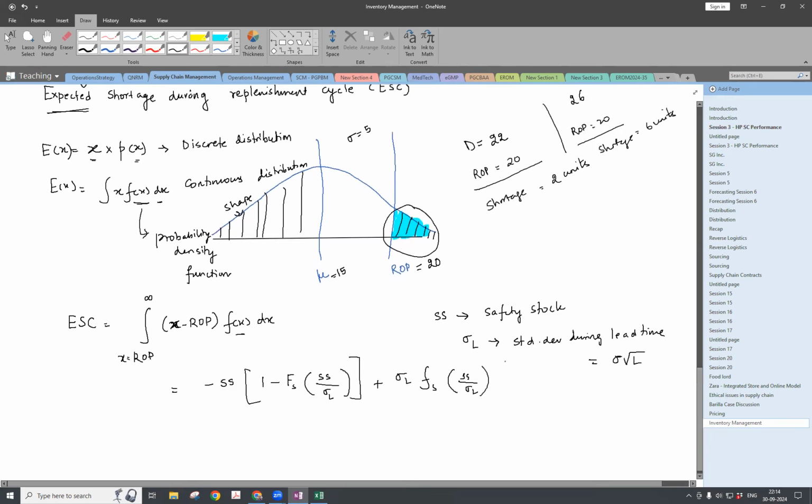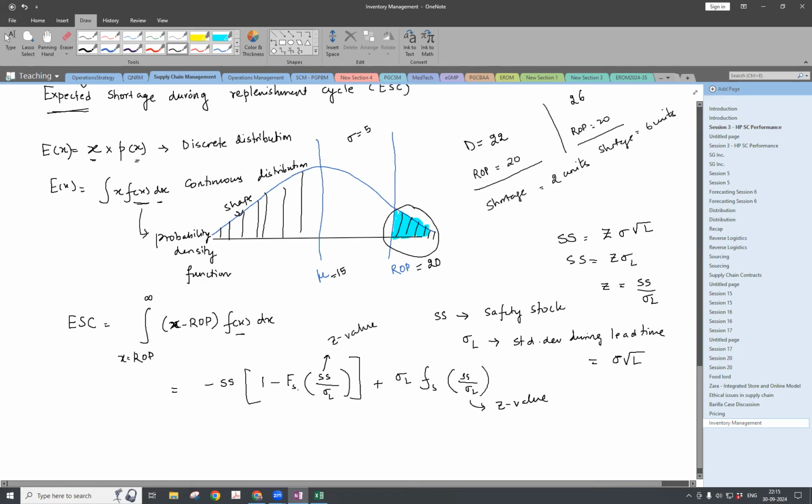Once we have this, if you remember, safety stock, as we can see from the previous calculation, is Z sigma root L. So if I write this as SS equals Z sigma subscript L, then Z is nothing but SS divided by sigma L. So this value is nothing but the Z value. So this is my Z value.